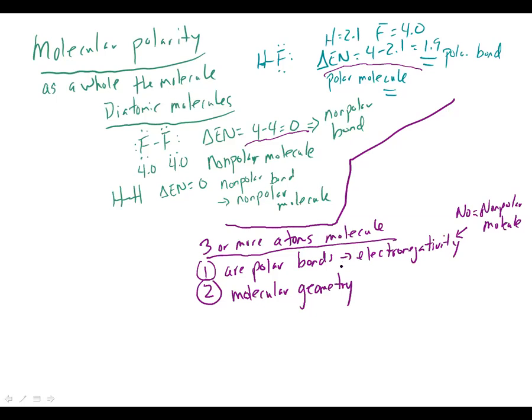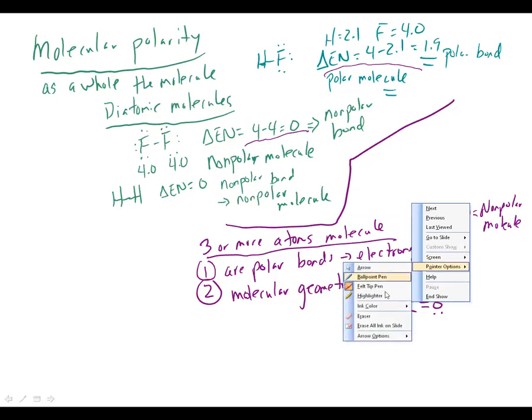So for example, if we look at something like carbon dioxide, and if we draw carbon dioxide here, we can try to determine whether or not this molecule is polar. The first thing we want to determine is whether or not it contains polar bonds.